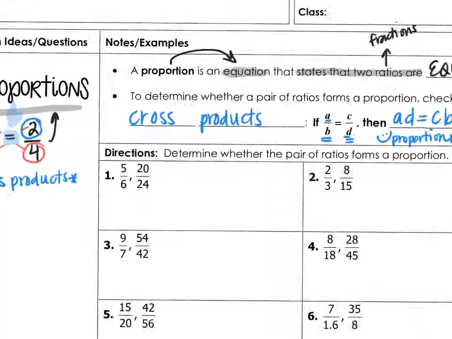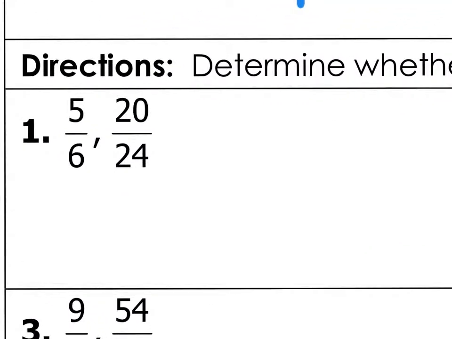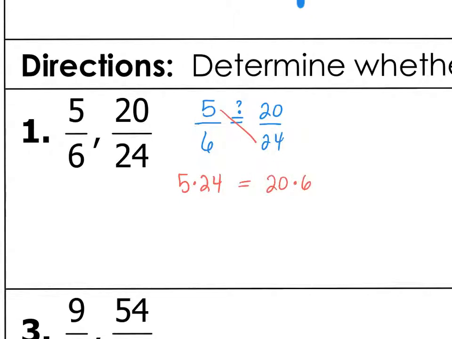So taking a look at number 1, we've got 5/6 and 20/24. You might already be able to tell that this does form a proportion, but let's set it up as a proportion, and we're asking ourselves, does this form a proportion? If it does, the cross products would be equal. So 5 times 24 would equal 20 times 6.